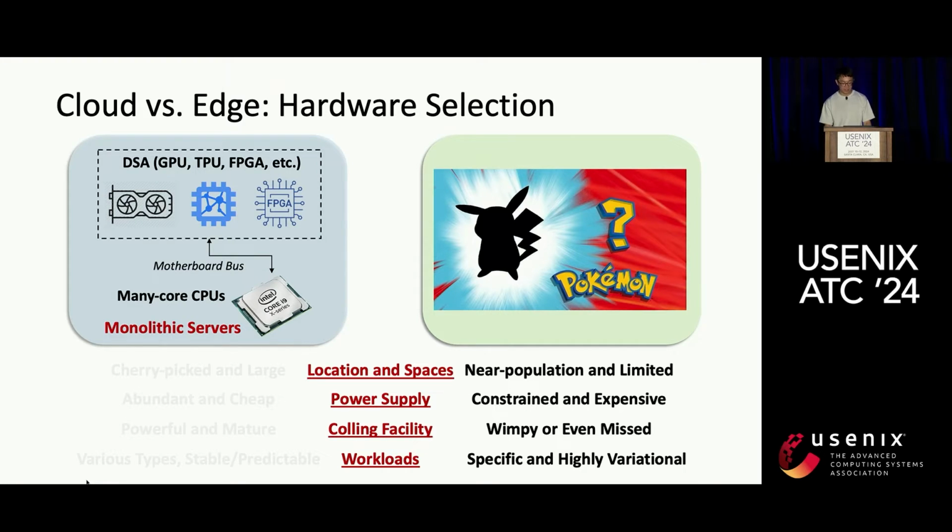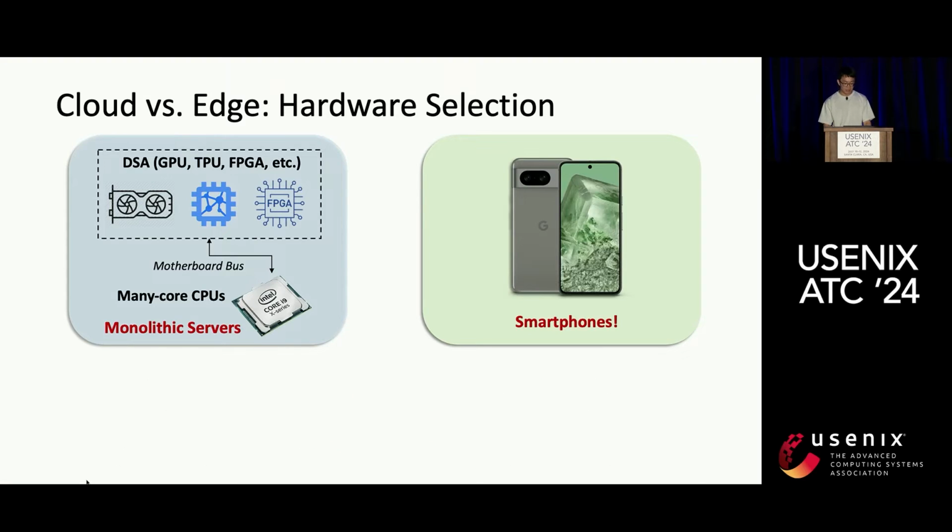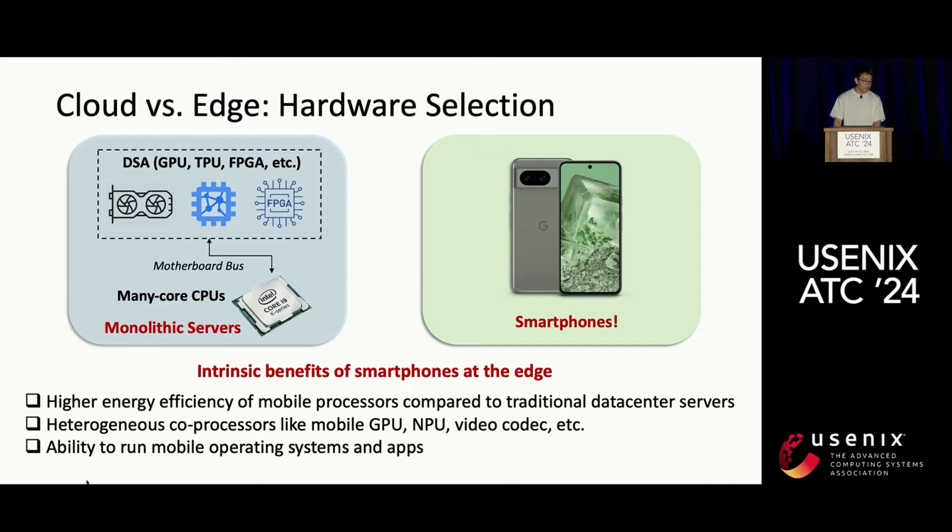So now the question is, what should the hardware be like at the edge? In this study, our answer is smartphones. Using smartphones at the edge has the following benefits. The first is higher energy efficiency compared to traditional data center servers.